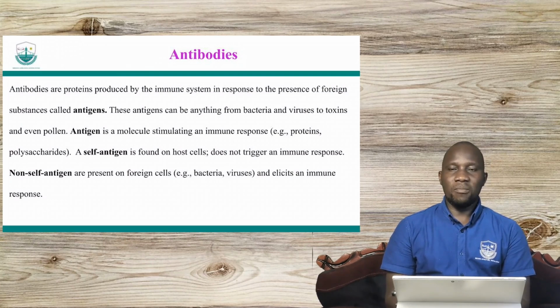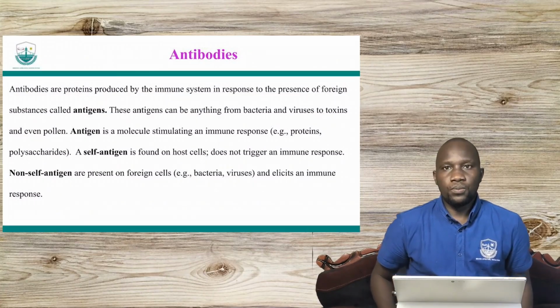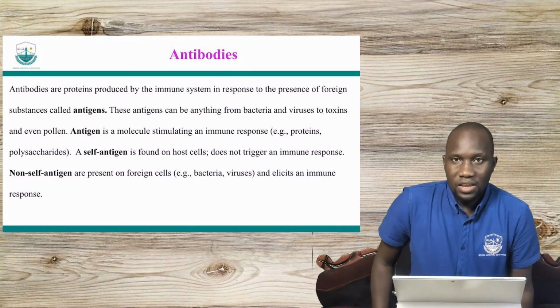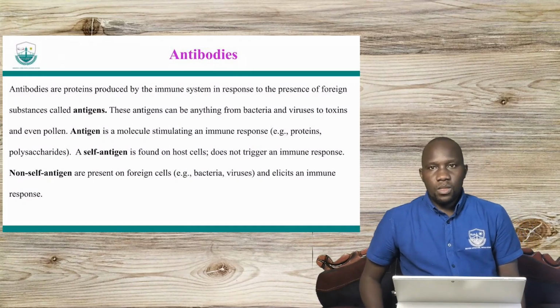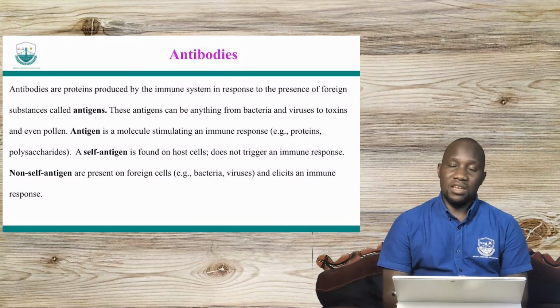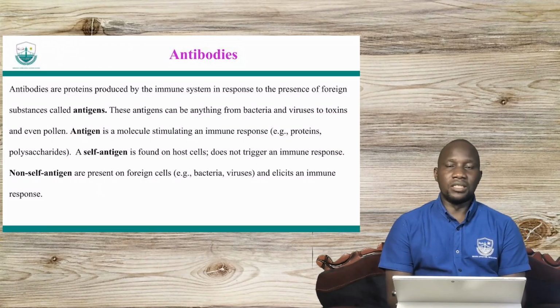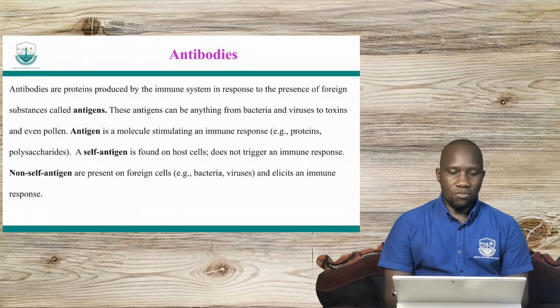So remember that antigens are the ones that result in an immune response. They trigger an immune response. So one of the responses is production of antibodies.